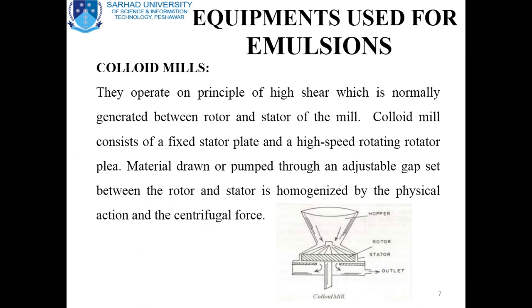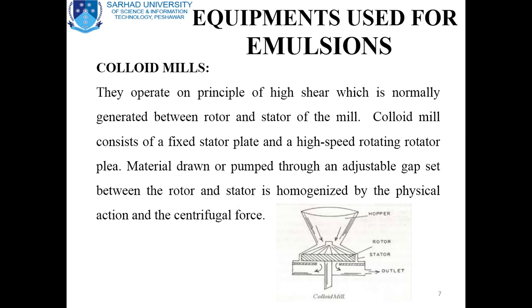The third type of equipment used for the emulsification process is termed the colloid mill. Remember that colloid mills operate on the principle of high shear, which is generated between the rotor and the stator.